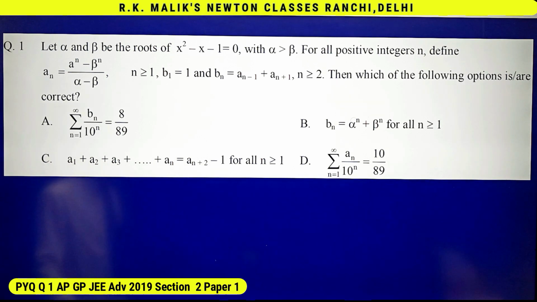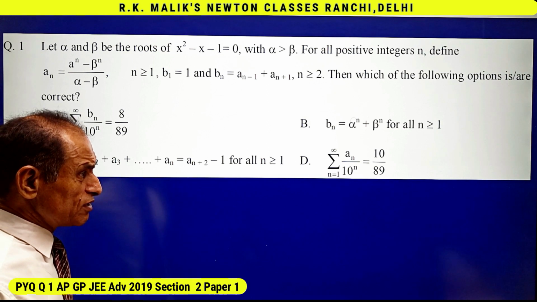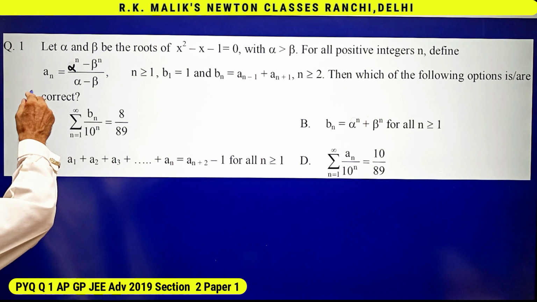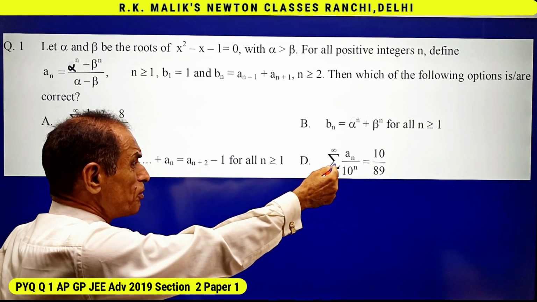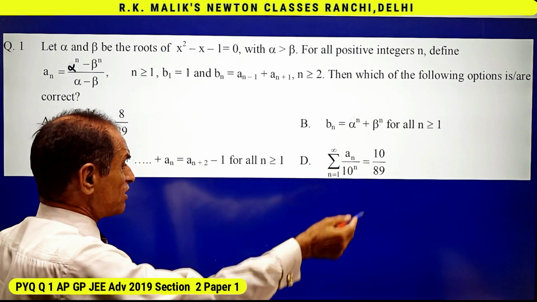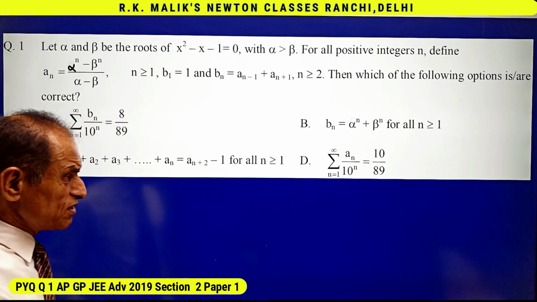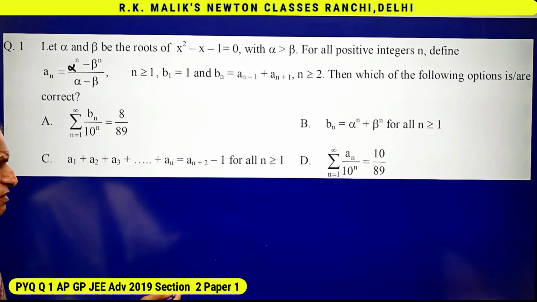It's clear that choice D is very easy to check, because when I put the value of a_n here, you will be getting two infinite GPs, one of alpha and the other of beta. What I mean to say, you will understand when I do the question.